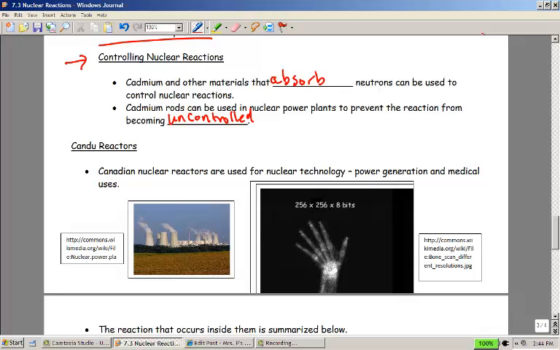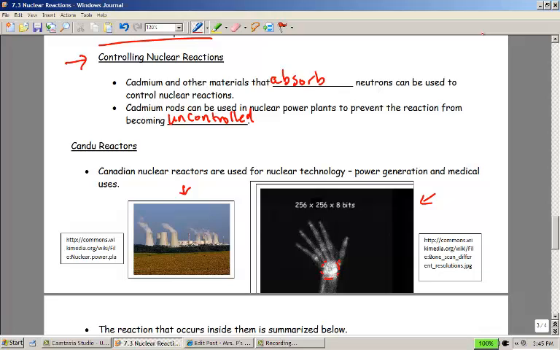Here we see a power plant, and over here we see one of the uses of these nuclear isotopes that can be produced. In this case, a radioactive element that accumulates in the bones has been injected so that they can then do some imaging using X-ray equipment.